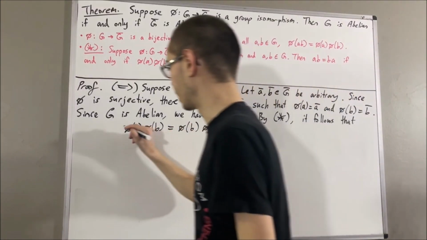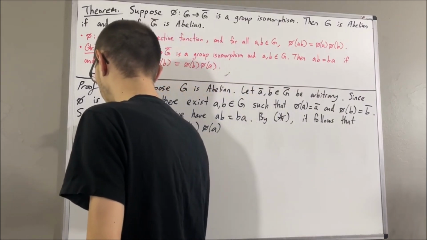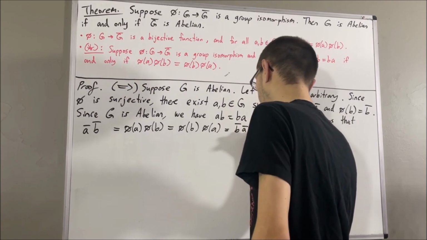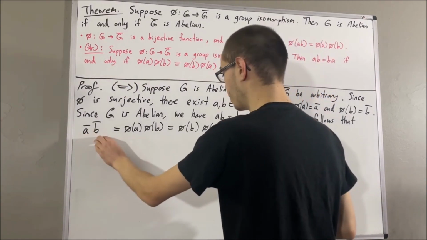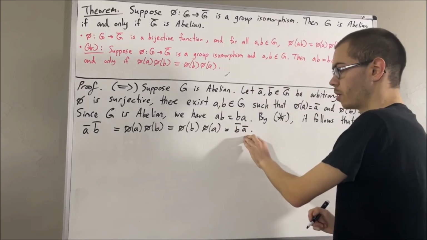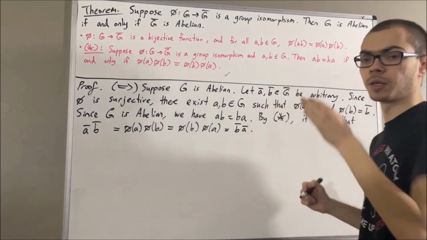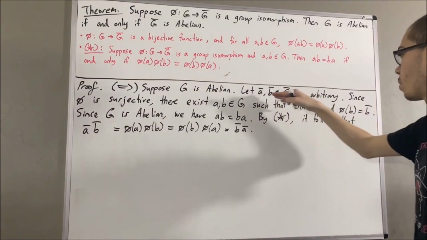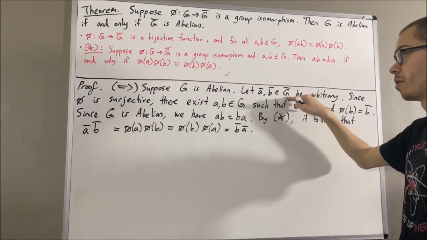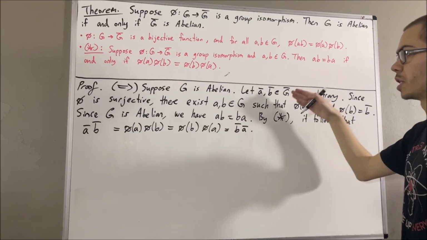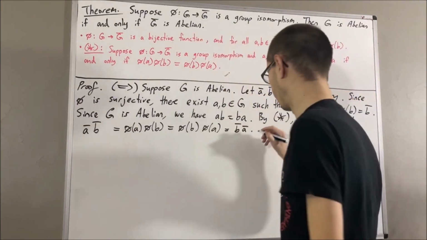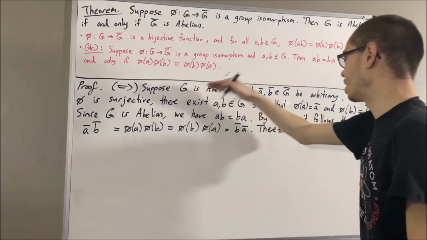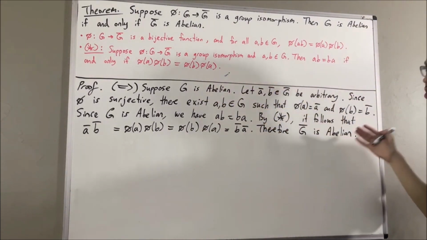So this is saying A bar B bar is equal to B bar A bar. So we have A bar times B bar is equal to B bar times A bar, or in other words, A bar and B bar commute. So we've shown if A bar and B bar are any two elements of G bar, then they commute. So that shows G bar is abelian. So we've shown if G is abelian, then G bar is abelian. So this proves the forward.